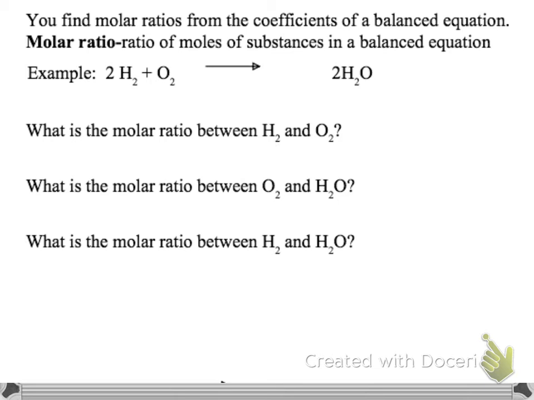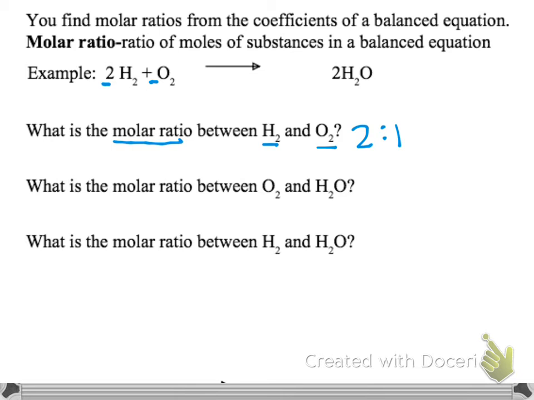For example, 2H2 plus O2 gives you 2H2O. That is a balanced equation, and it's asking for the molar ratio between H2 and O2. So you need to see how much H2 you need for how many O2 you need, and that is your mole ratio. You use the coefficients. So in this case, you have 2H2 and you have 1 O2. So your ratio is 2 to 1. And we write the ratio like that.